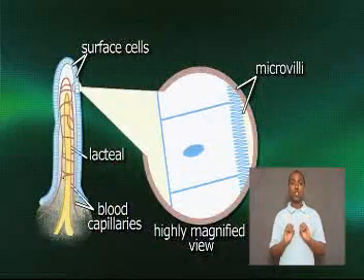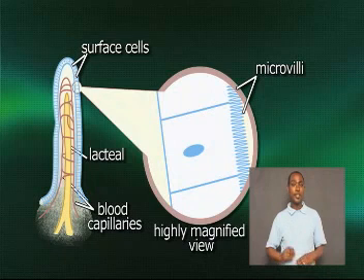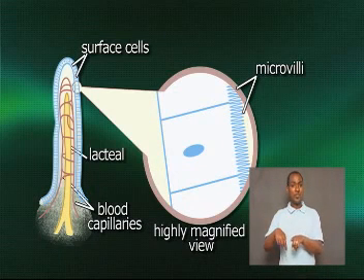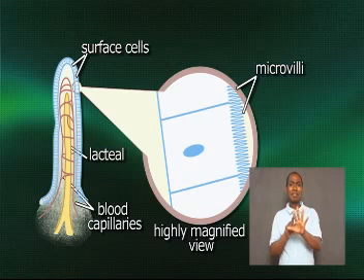The lining of the small intestine is designed to allow for as much diffusion to take place as possible. Millions of tiny finger-like hairs, called villi, increase the surface area for diffusion.